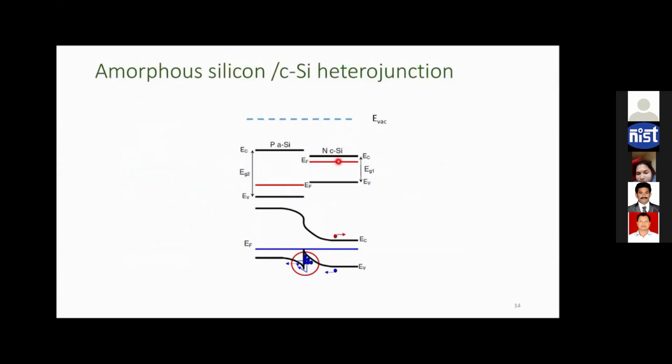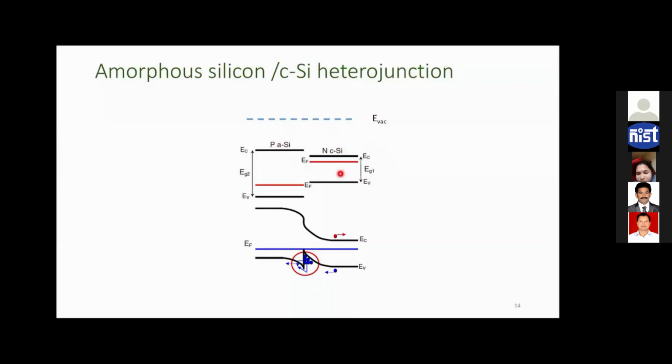Work function is the difference between the Fermi level and the vacuum level. So this work function value is lesser in crystalline silicon compared to the P amorphous silicon. As a result of this work function difference, once you make a contact between these two, electrons will flow from this N crystalline silicon to P amorphous silicon.